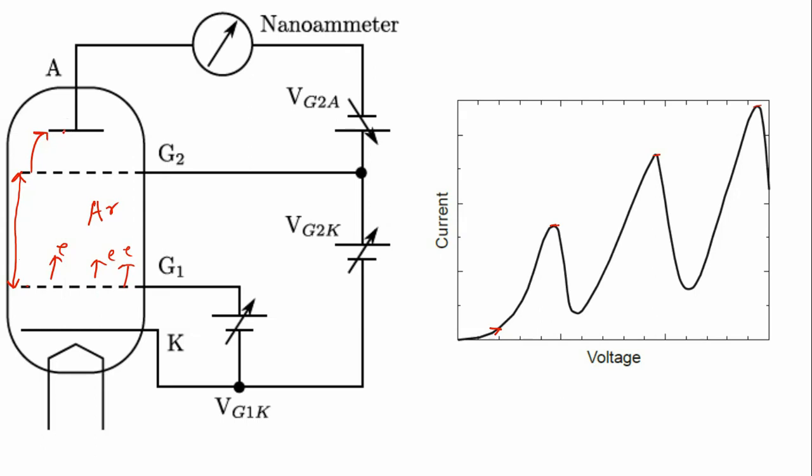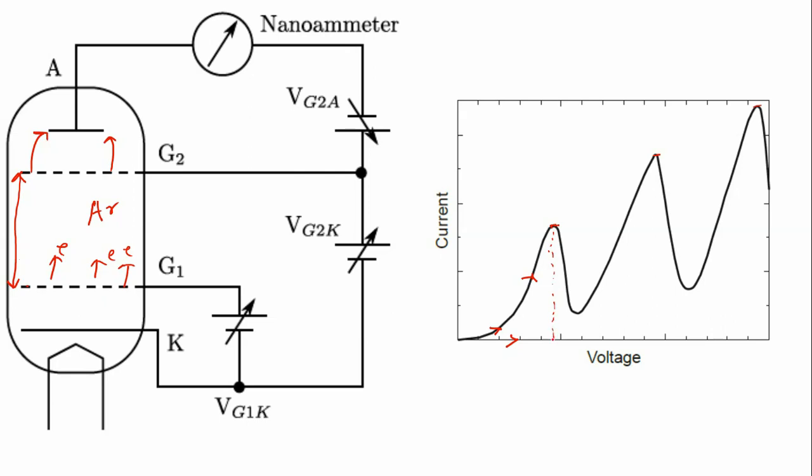Now what will happen if you keep on increasing the voltage is that more and more electrons will be able to pass this barrier and move to the anode, and the anode current would be higher and higher. So that's why you can see an increase in the anode current. But there is a point, for a particular voltage.